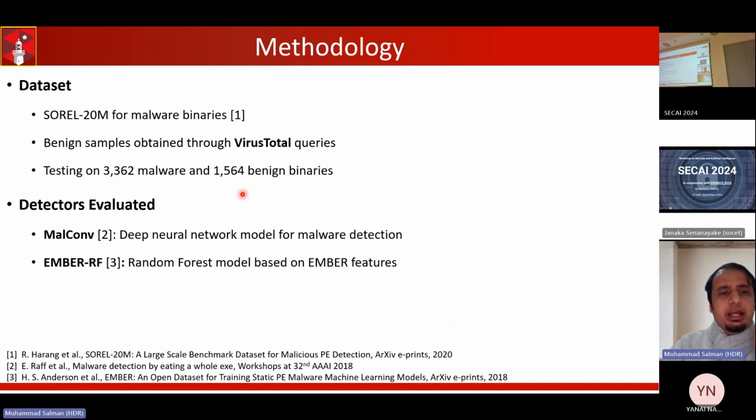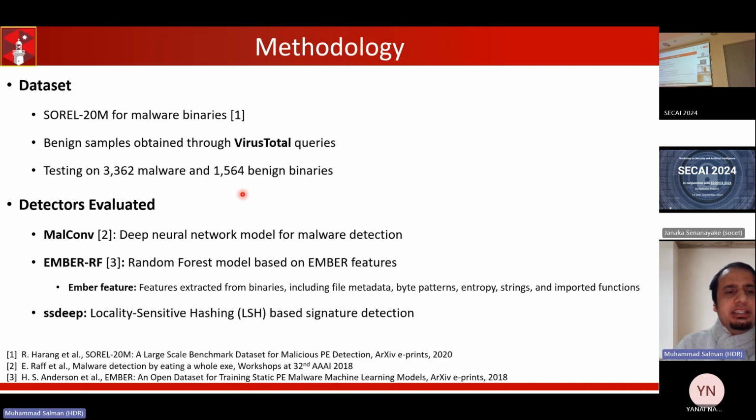We evaluated three different detectors in our study. All of the three detectors were evaluated individually and as part of different ensembles. The first one is MalConv, which is a state-of-the-art deep learning neural network model for malware detection. Next, we evaluated EMBER RF, which is a random forest-based model developed on EMBER features.